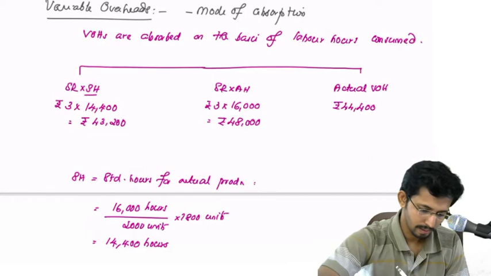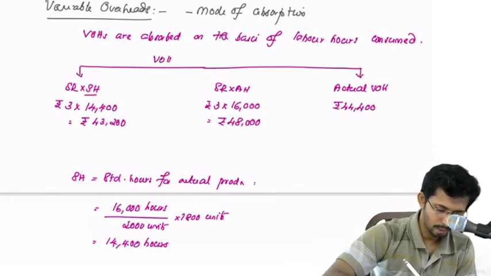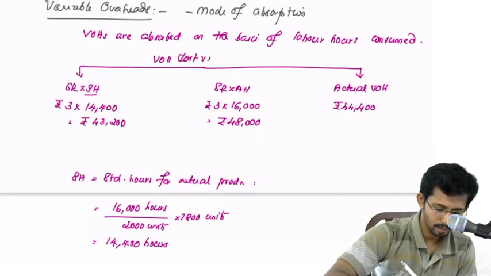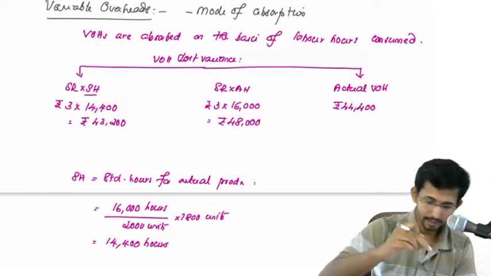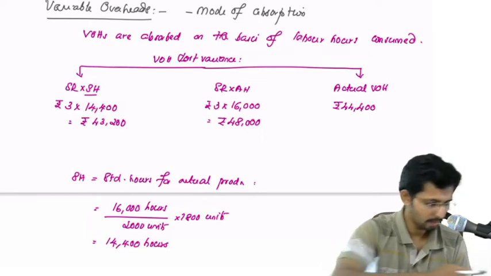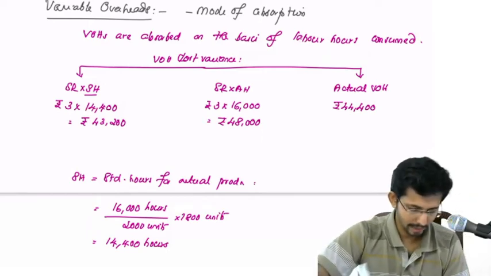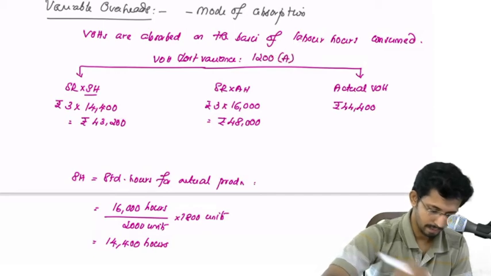So this is variable overhead cost variance. What is variable overhead cost variance? 43,200 minus 44,400. How much do you get? You get 1,200 adverse.